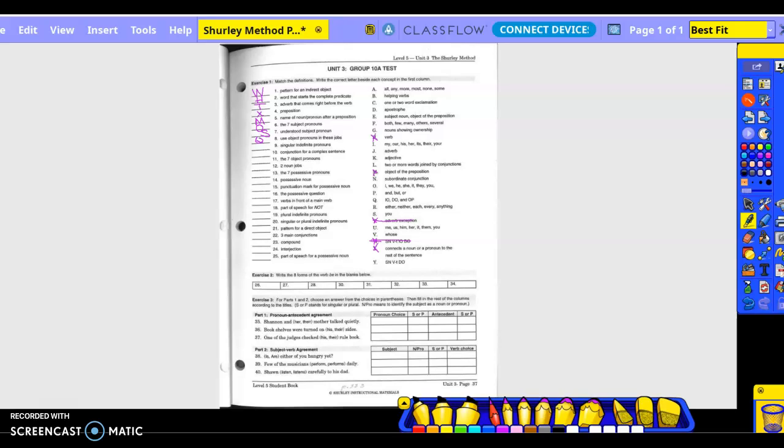Number 9, singular indefinite pronoun. So remember when we mark them, they're usually towards the bottom of the page, but they could go different ways.